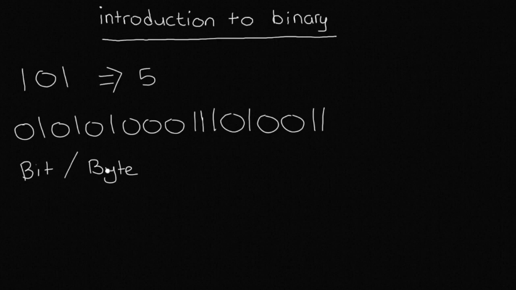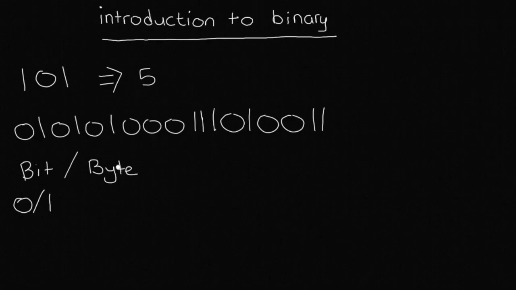So a bit is part of a byte, and a bit is actually just one of these ones or zeros. So a bit can be 0 or it can be 1, right? That's the only two options a bit can be, and it's only one of these. So then when we move on to bytes, bytes is a little bit different.